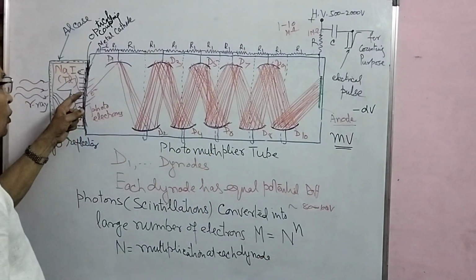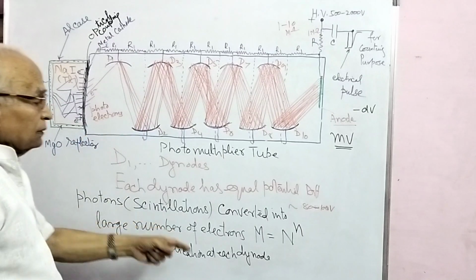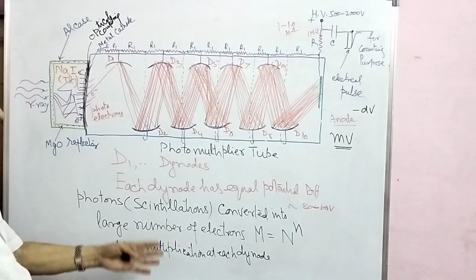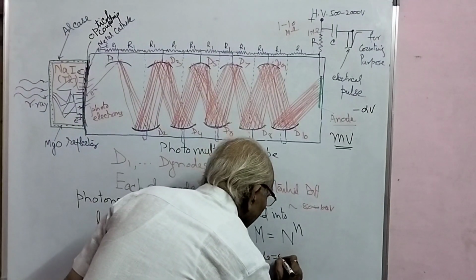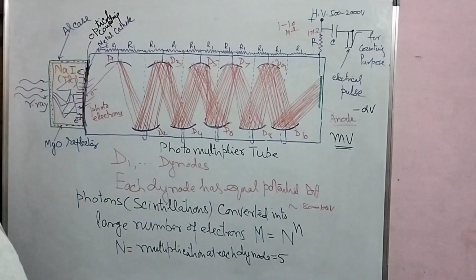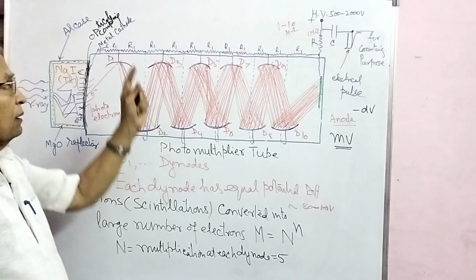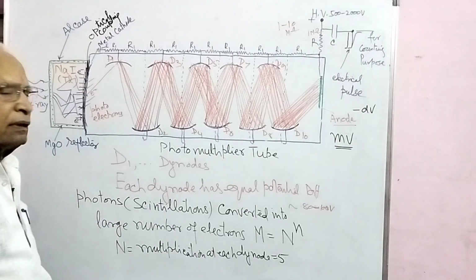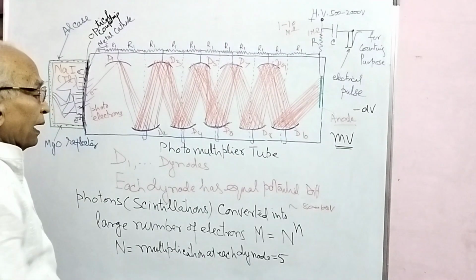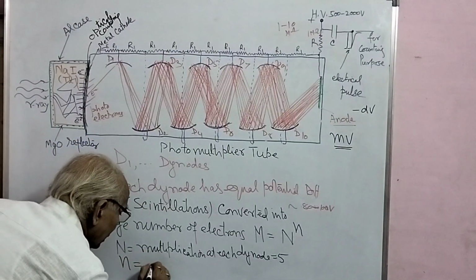So at each diode, one electron is multiplied by 5. So N is the multiplication factor, and suppose that this is equal to 5. That one electron having kinetic energy removes 5 electrons from the metal diodes. I am taking a rough number, say 5. And small n is the number of diodes.